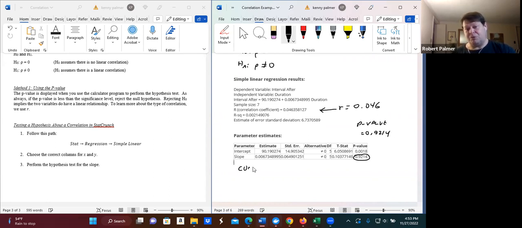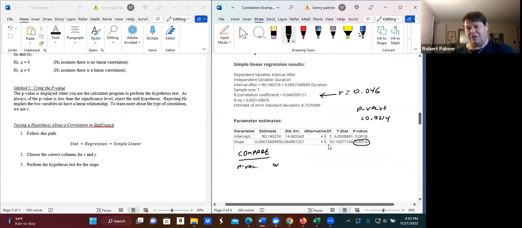As usual, we'll compare the p-value to alpha, the significance level. Obviously it's going to be larger: it's 0.9214, and alpha is 0.05. So clearly that's larger.